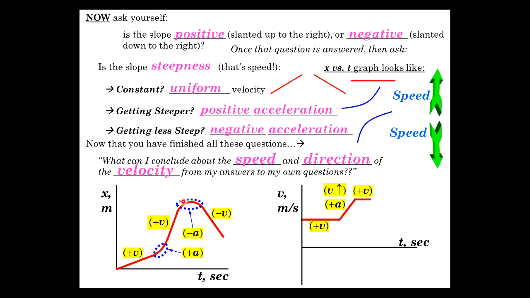That's right, it's 0. That means the velocity is 0 here. So at this point of the graph, it has to cross the 0 point on the velocity graph. So right here, we're here, and in the middle, we're at the 0 point.